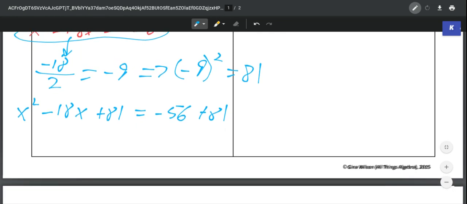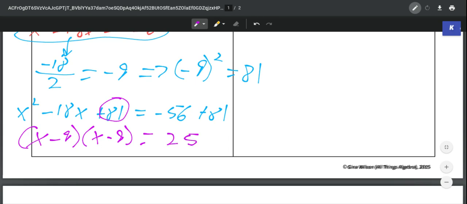If we factor this left side by the product-sum rule, we need two factors that multiply to give me 81 and add together to give me negative 18. So it would be x minus 9 and x minus 9. And that will be equal to negative 56 plus 81, which is just 25.